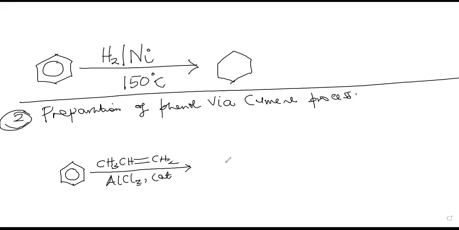You first form a cumene. So this cumene, since we are alkylating, we shall have this CH, and then this will be CH3 after the reaction here, so we shall have CH, CH3, CH3. Then from this, after having formed this cumene, we add oxygen.